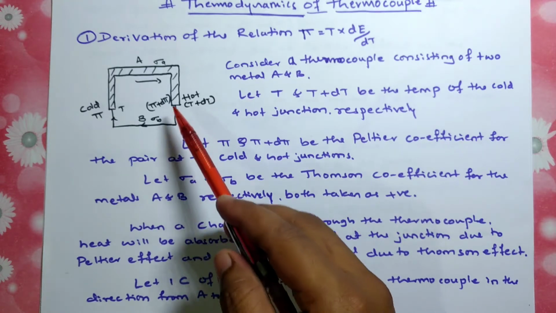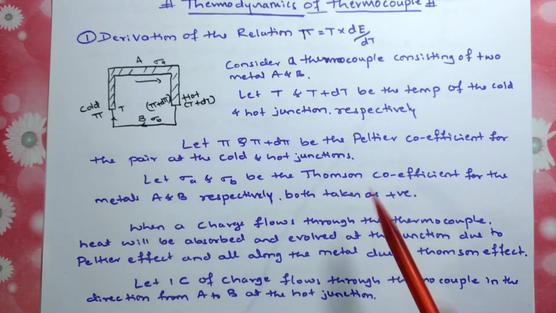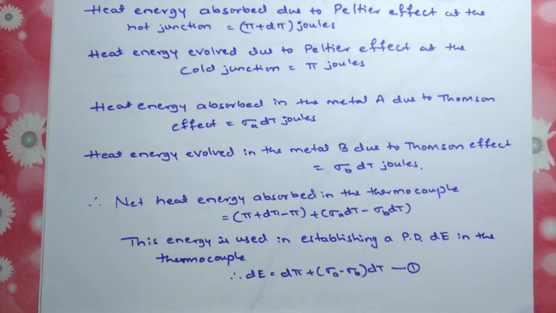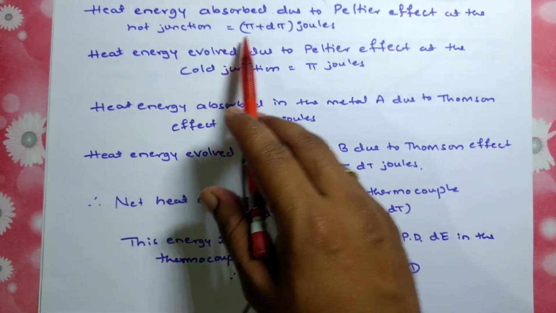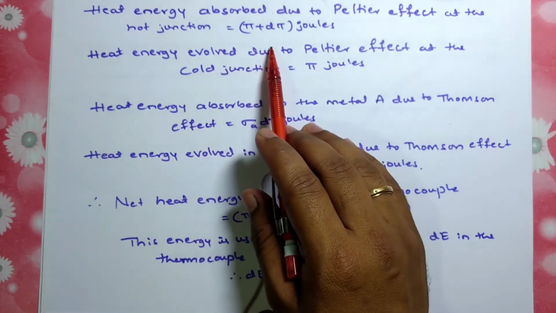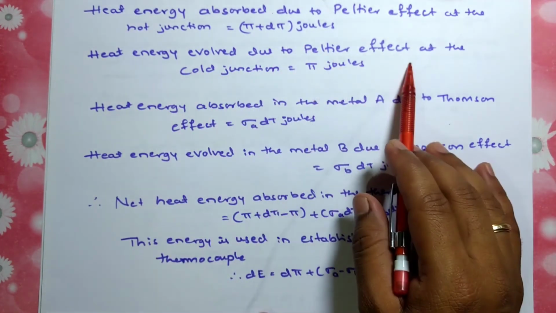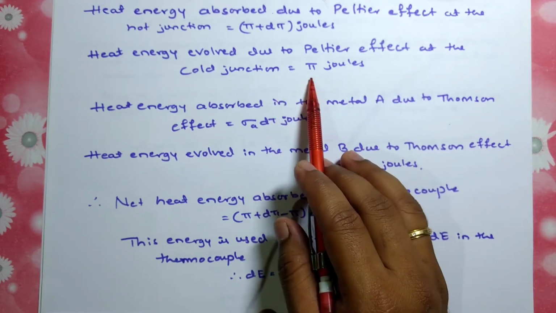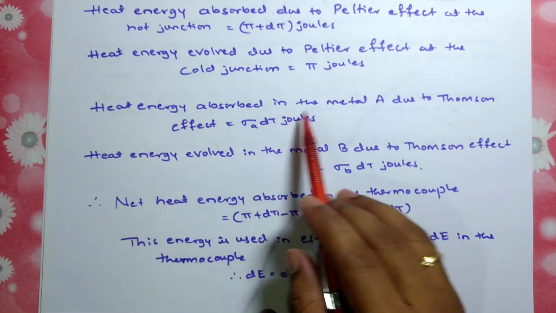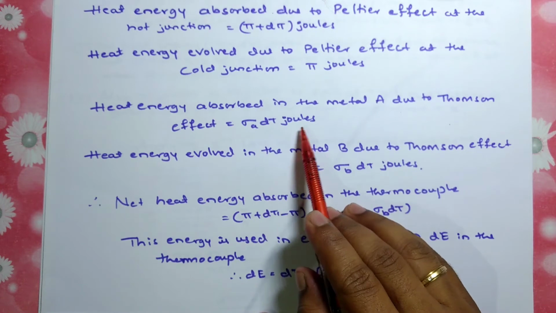Let one coulomb of charge pass through this thermocouple from A to B through the hot junction. Heat energy absorbed due to the Peltier effect at the hot junction is pi plus d pi joules, and heat energy evolved due to the Peltier effect at the cold junction is pi joules. Heat energy absorbed in the metal A due to the Thomson effect is sigma A dT joules.